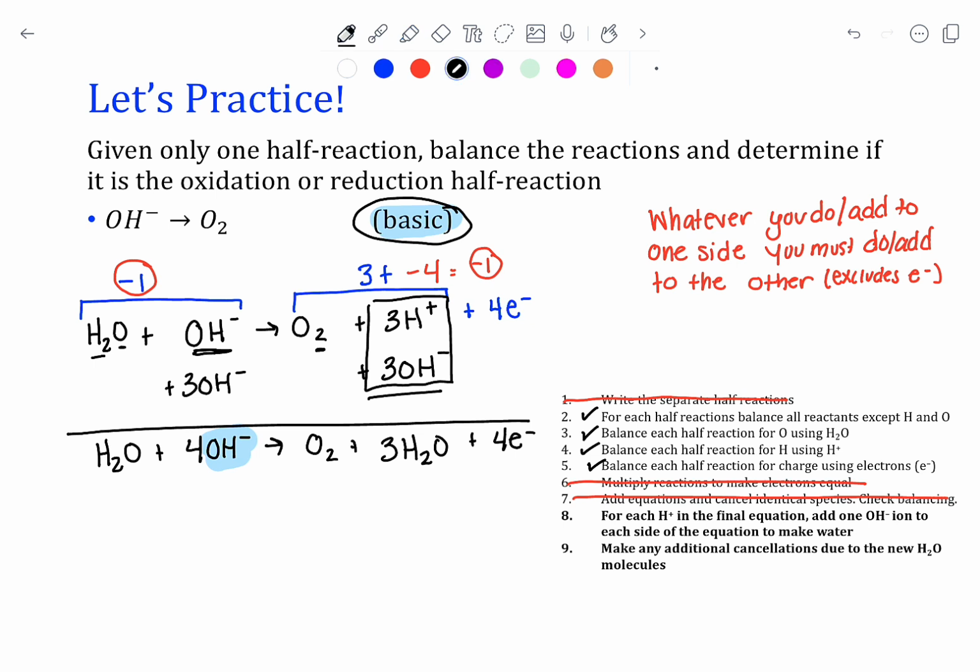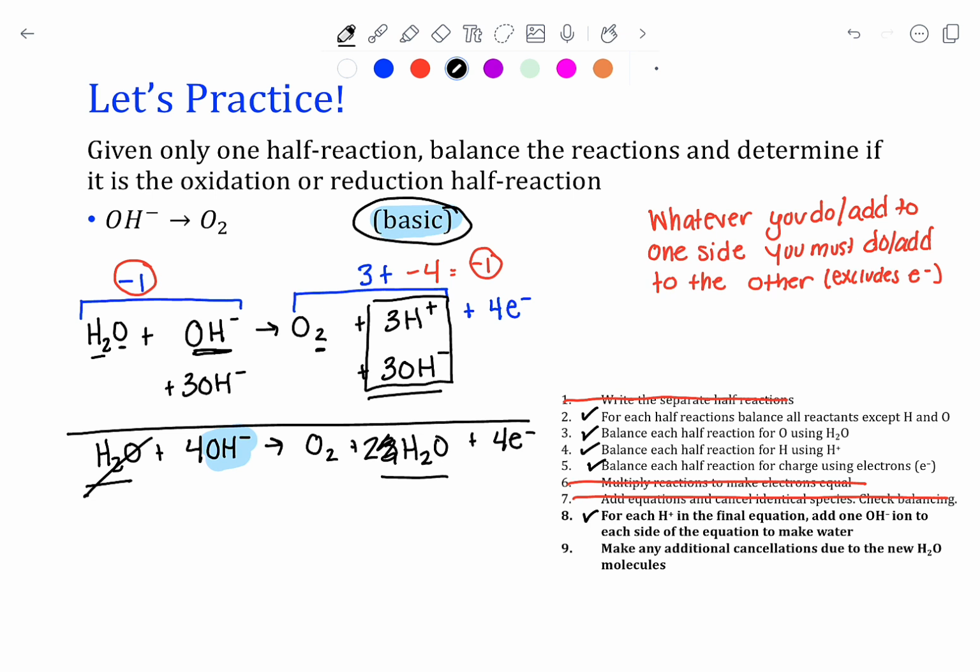Now our final step, so we did step 8, is to make any additional cancellations due to the new water molecules that we made. So I now have 3 waters on one side and 1 water on the other. Just like in math, if I had x on one side and 3x on the other, I could cancel them out. So one H2O is going to cancel with one of these H2Os, leaving me with 2 H2Os.